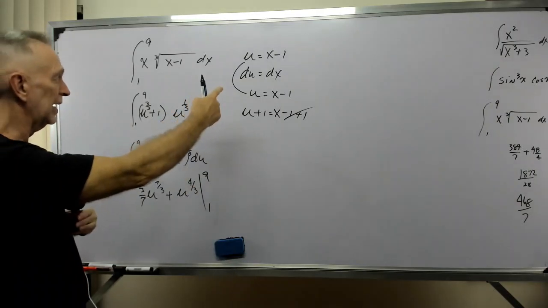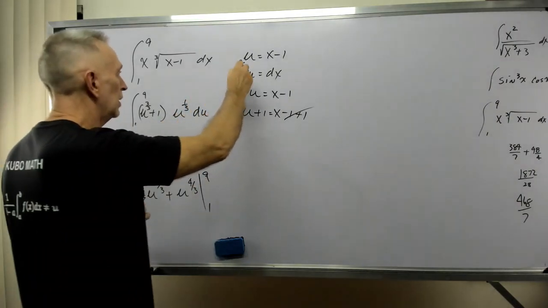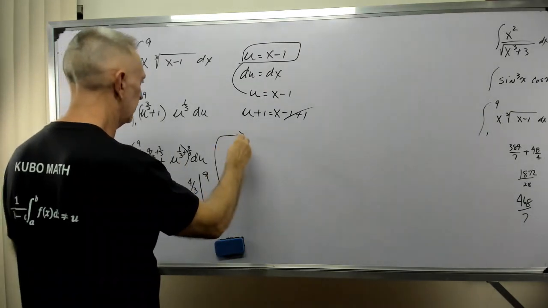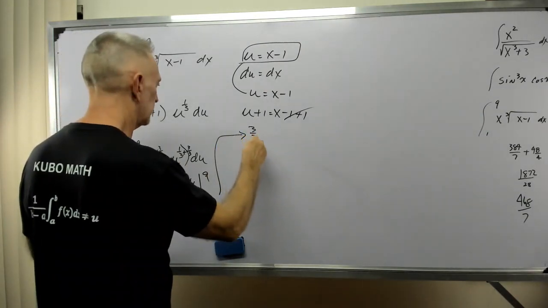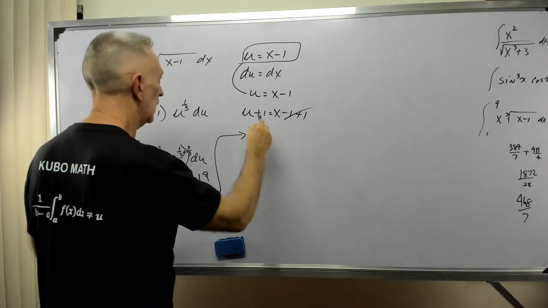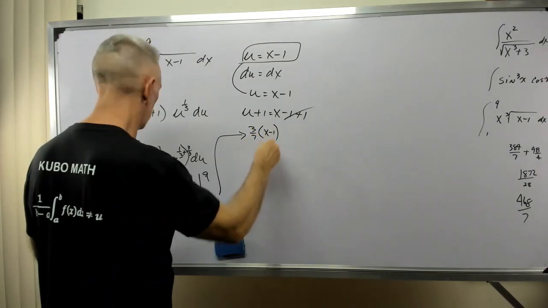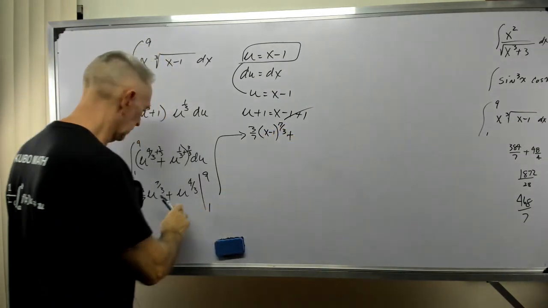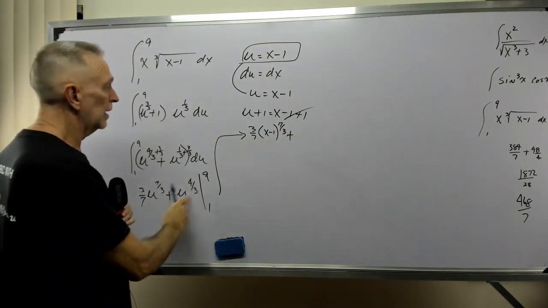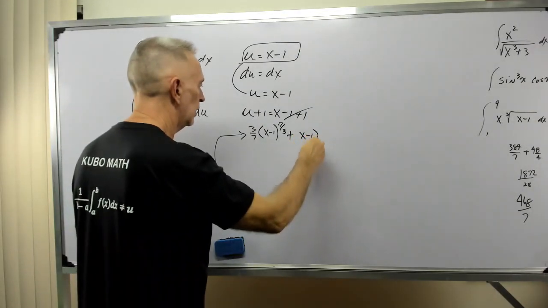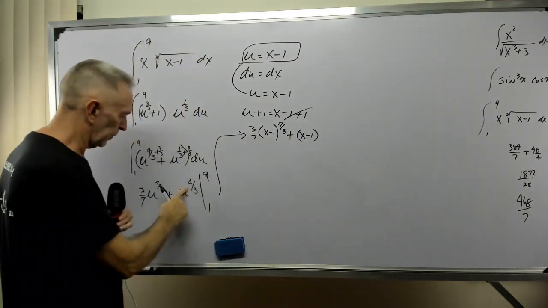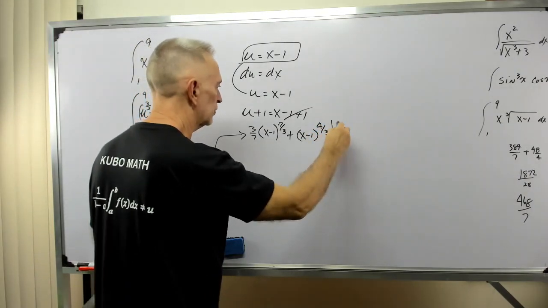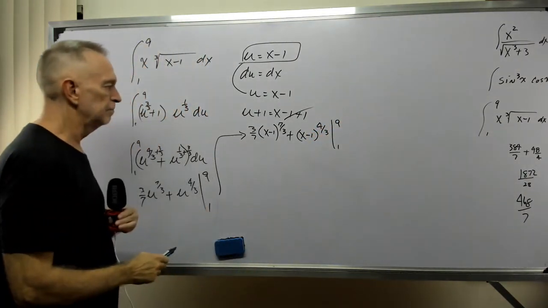We've got to go back to the X world. So U was X minus 1. So now I have 3 over 7 times X minus 1 to the 7/3 plus X minus 1 to the 4/3 from the limits of X equal 1 to 9.